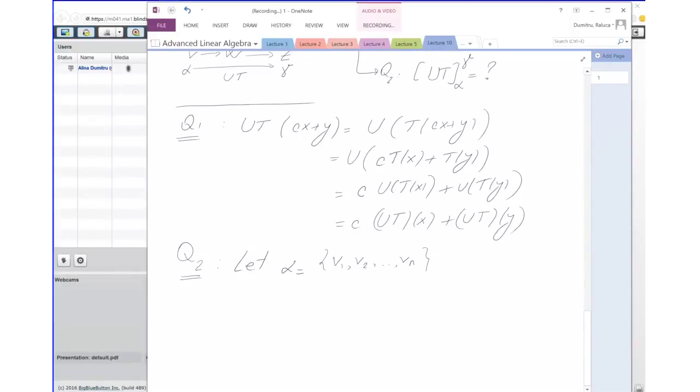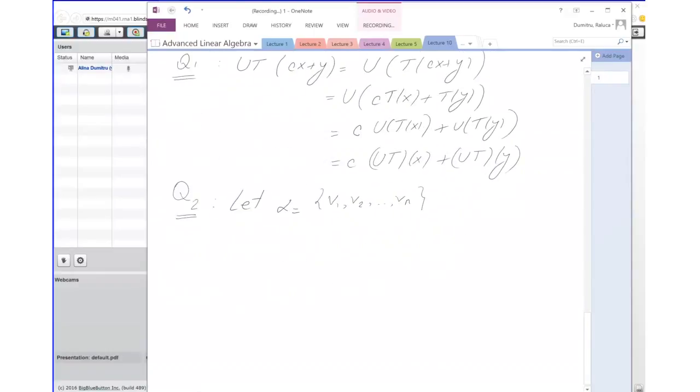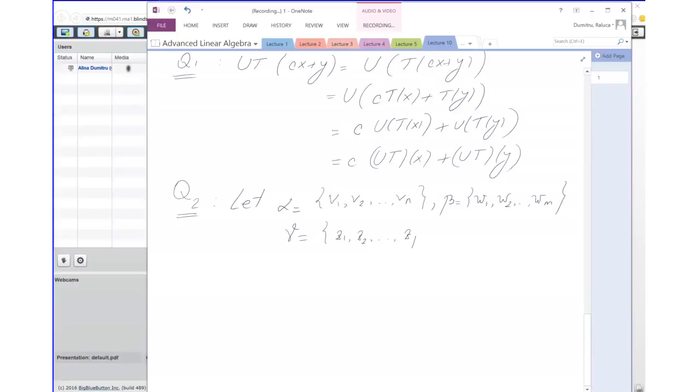Beta was a basis for W, which had dimension m. W1, W2, Wm. And gamma was a basis for Z, which had dimension p, so let's call them Z1, Z2, Zp.